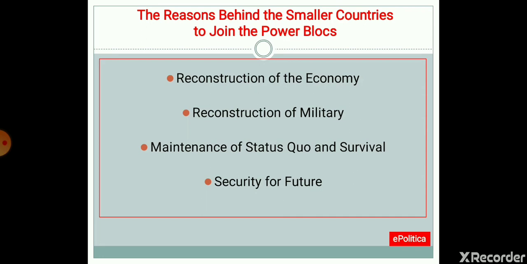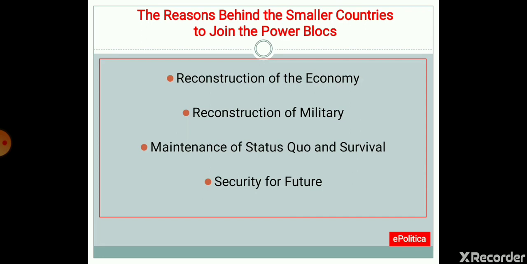The second reason was reconstruction of the military. As you all know, during a war, not only the economy of a country suffered, the military infrastructure also suffered a lot. Therefore, to revive their military infrastructure, the smaller countries tended to depend largely on the powerful countries, that is, the USA and USSR.